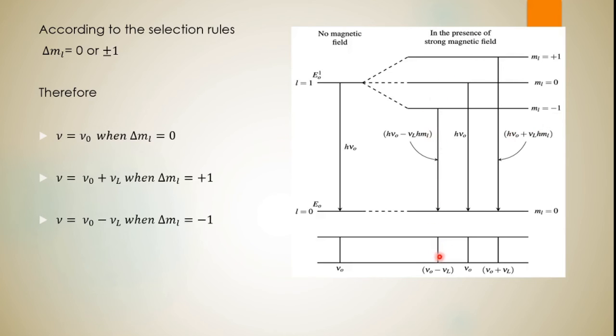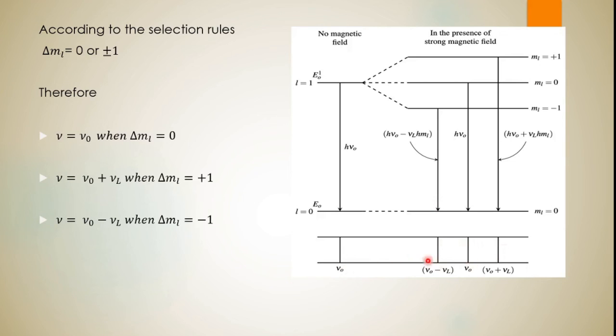The transition between these split energy levels now takes place according to the selection rules delta ml is equal to 0 or delta ml is equal to plus or minus 1. So the central line here corresponds to delta ml is equal to 0. The line to the right here corresponds to delta ml is equal to plus 1, and the line here corresponds to delta ml is equal to minus 1.